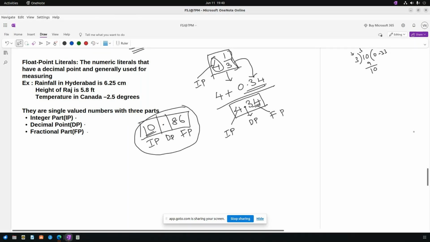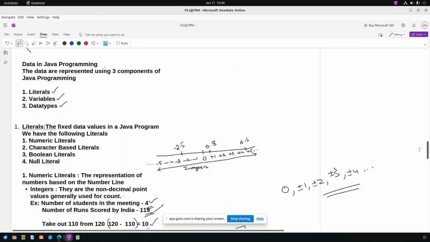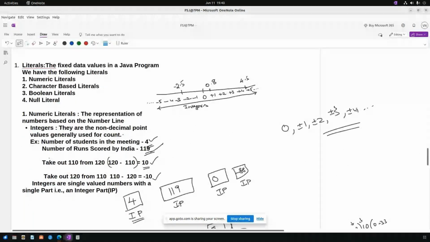Okay, right. So then we will understand about the second type. Now we are done with the number. Throughout your Java programming, you see these two types of numbers only.